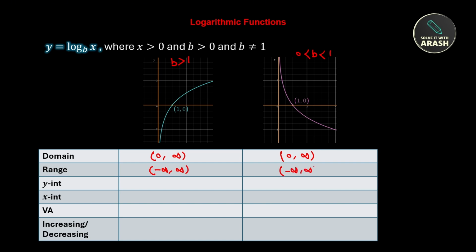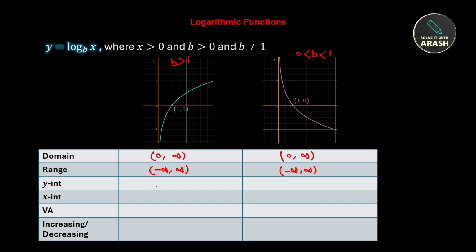And you can think about it in terms of inverse functions. When we inverse the graph of b to power x over y equals x, we actually swapped x with y. So in the exponential function, domain was negative infinity to infinity. Now in the logarithmic function, range is negative infinity to infinity.